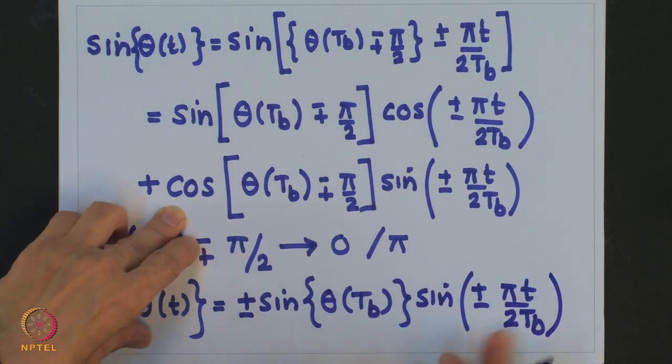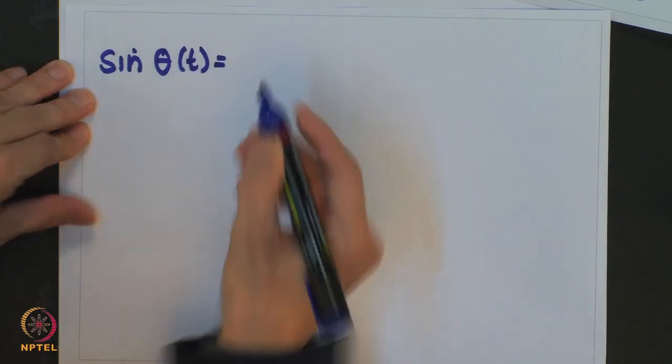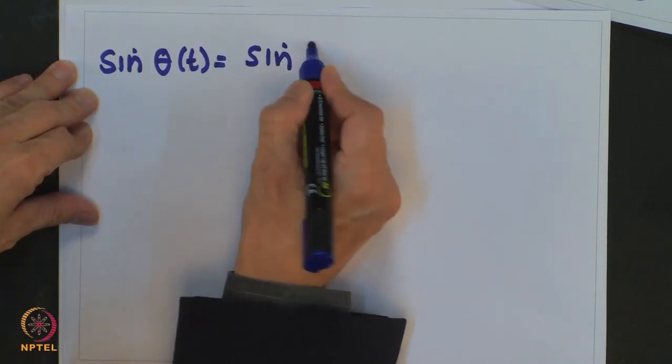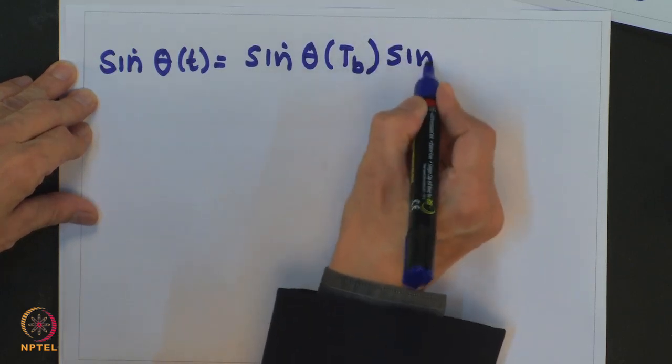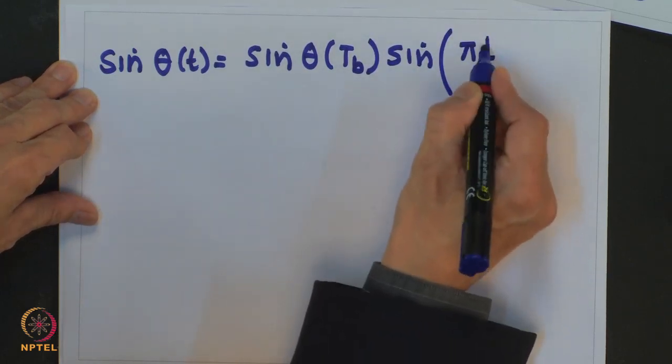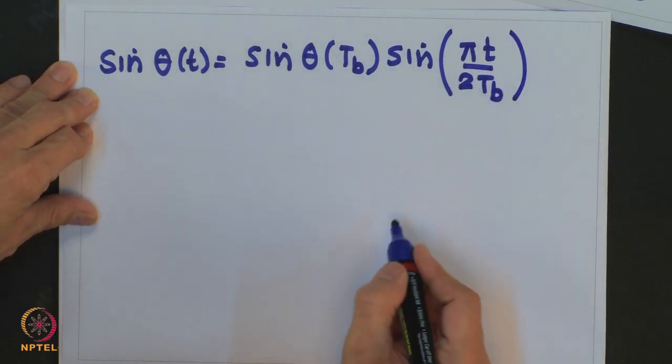So, this being an odd function, now if this is simplified, we will get sine theta t would be equal to sine of theta Tb multiplied by sine of pi t by 2 Tb, correct.